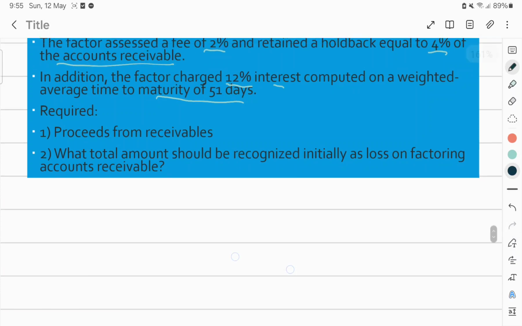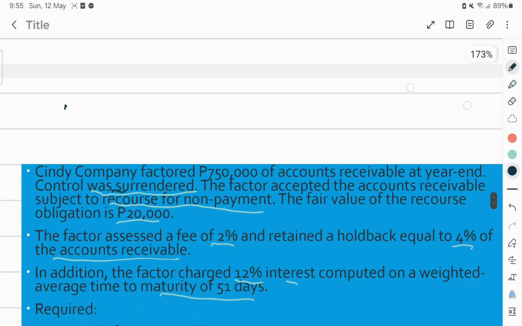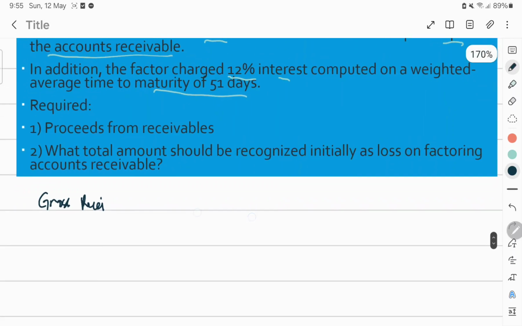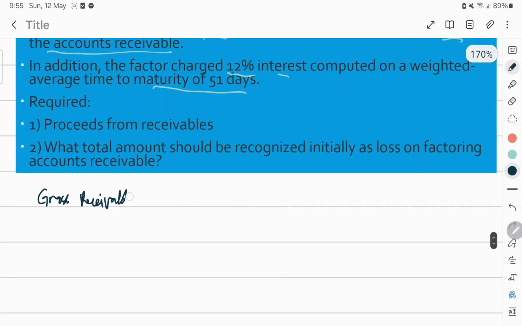We have the accounts receivable. This is our gross receivables amounting to 750,000.